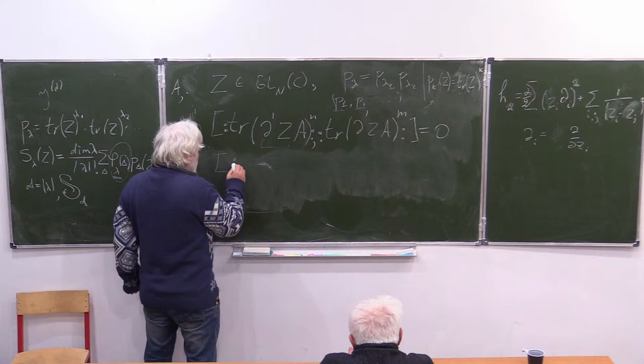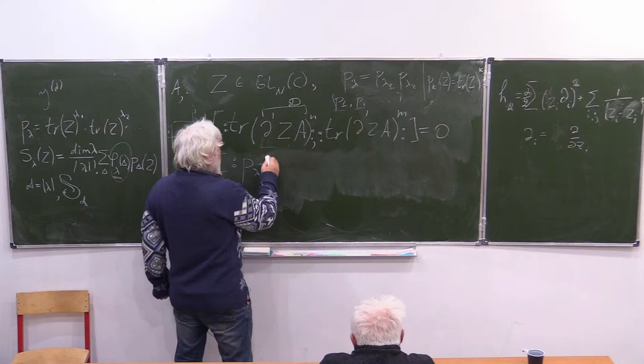Let me denote it by some letter D. D is this product, for all partitions lambda and mu, with this property.